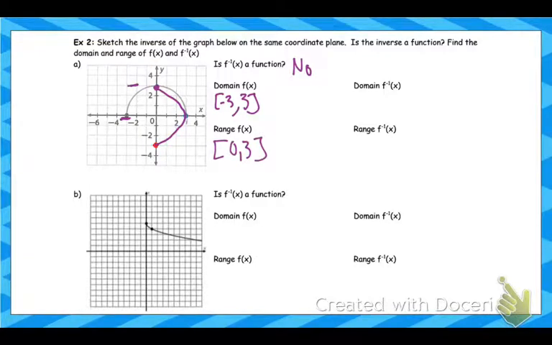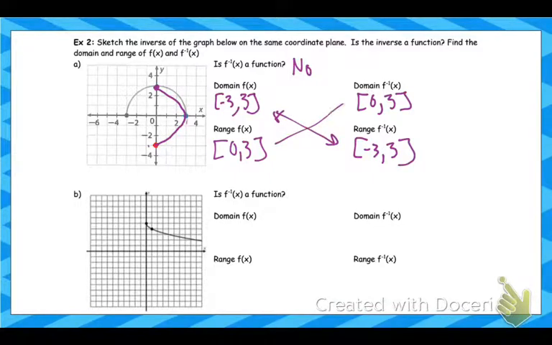Now we're going to write the domain and the range of the inverse. For the domain, the farthest left was 0 and the farthest right was 3. For the range, the lowest point at the bottom was -3 and the highest point was 3. Notice what's happening with your domain and your range. If you think about it, it makes sense.